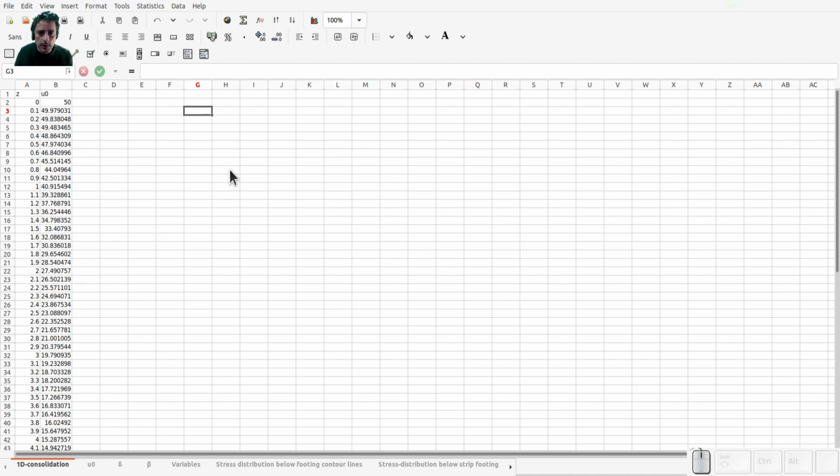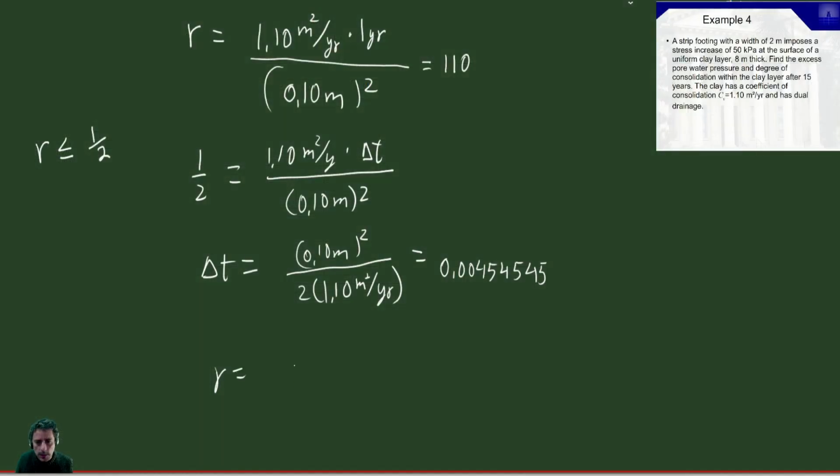So in this case, R will be 1.10 times 1 over 365 over 0.10. Okay.